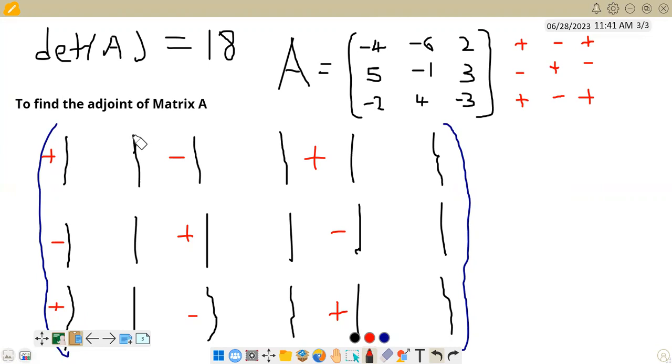First of all tiamba ndi element yapa kona. So if we delete this one, we are remaining with the -1, 3, 4, -3. So we see hapa -1, 3, 4, then negative 3.